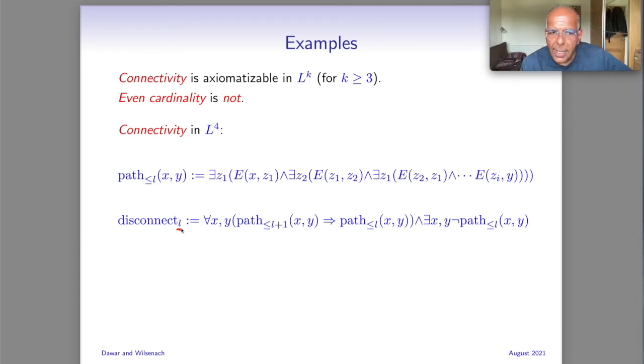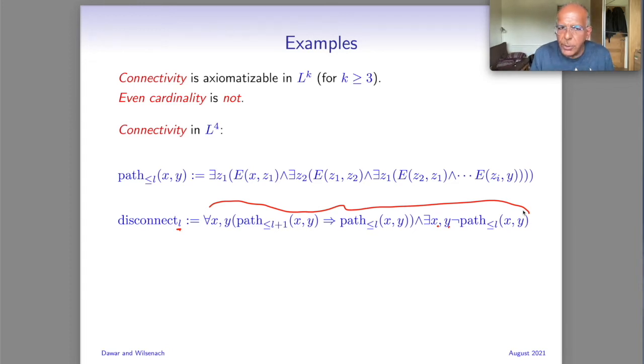But for any constant L, I'm writing down the formula which says that whenever there's a path of length at most L plus 1, there's already a path of length at most L. So this is saying that the longest simple path in the graph is of length at most L. And there is a pair of vertices for which there's no path of length at most L. So this whole thing is saying that the graph is disconnected, and whenever there is a path, there is one of length at most L.